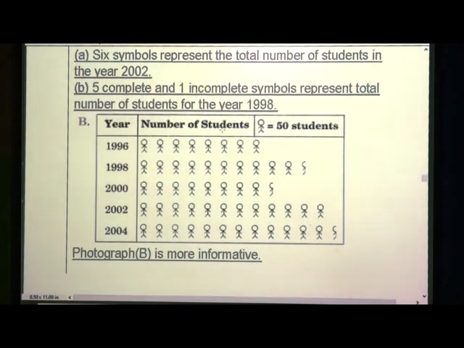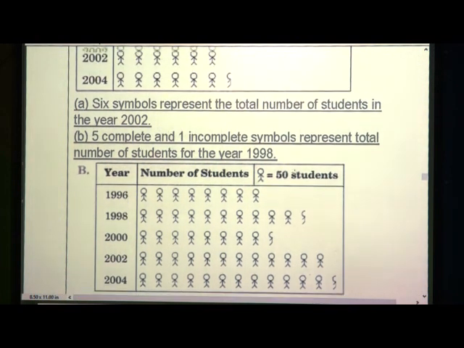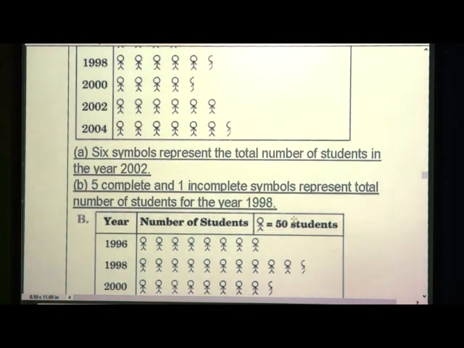So, if we use the other table for the pictograph, where one symbol indicates 50 students, we get a clearer idea. In 1996 we have 400 students, in 1998 we have 1, 2, 3, 4, 5, 6, 7, 8, 9, 10, and 10 multiplied by 50 gives 500, and it is half, which means half of 50, we can tell it as 25, so 525.